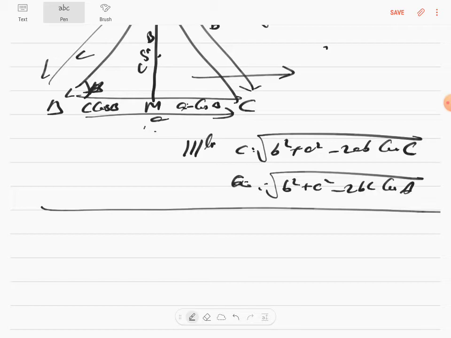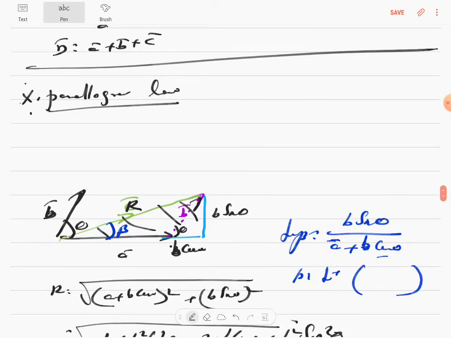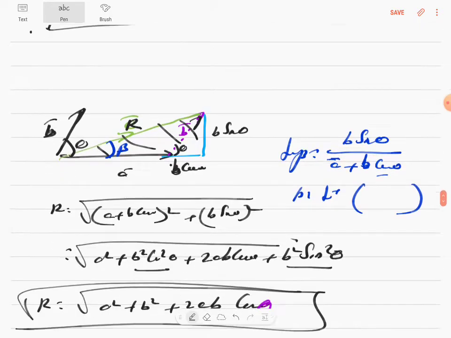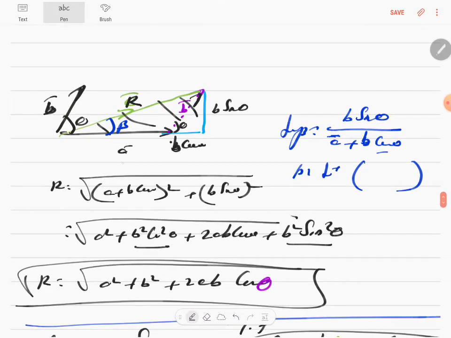Imagine and say: tan beta is equal to B sin theta by A plus B cos theta. Excellent. Therefore, you can find the angle the resultant makes with the first vector, where beta is that angle.